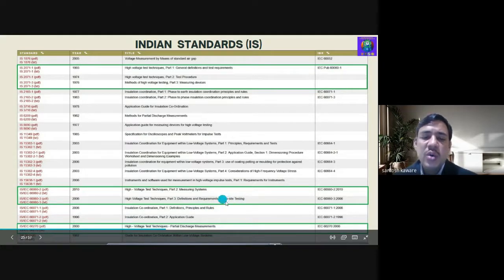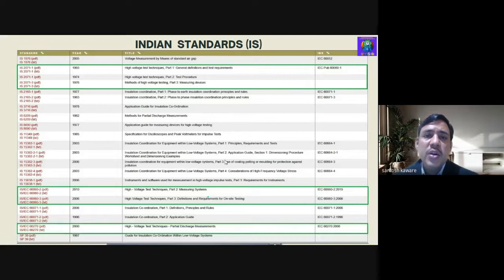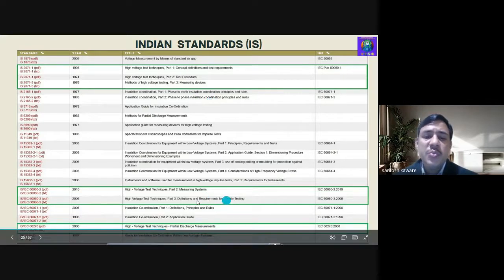Especially it is talking about the on-site techniques. Otherwise, all others are actually test procedures, or we can say factory tests. But especially this IS or IEC 60060-3 talks about the on-site techniques or procedure of testing of the HV equipments.